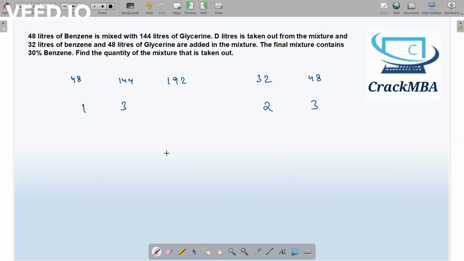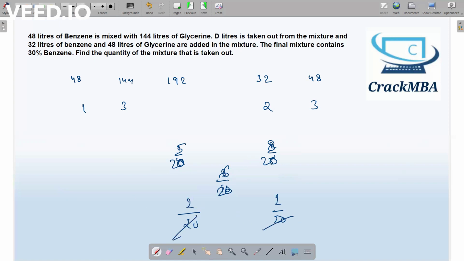Now we can apply alligation: 1/4, 2/5, and the mixture has 3/10. Make the denominator the same, that is 20. So 5/20, 8/20, and 6/20. Now apply alligation: 6/20 minus 5/20 is 1/20, and the 20s cancel out, which is why I had not written it earlier.